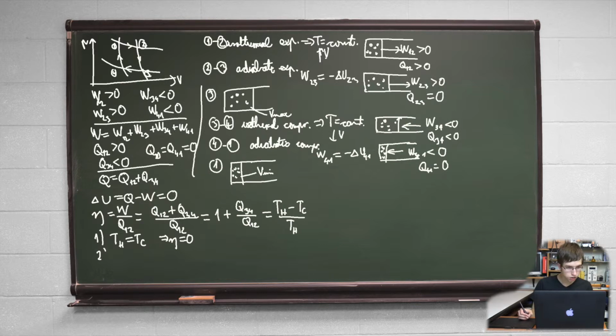And the second case, which would be the ideal, the perfect one, we could say, where temperature of cold reservoir would be 0, so absolute 0 kelvins. However, due to the fact that absolute 0 cannot be achieved, this case when eta, so thermal efficiency, would be 1 or 100%, unfortunately cannot be achieved, because again we cannot achieve temperature of absolute 0.